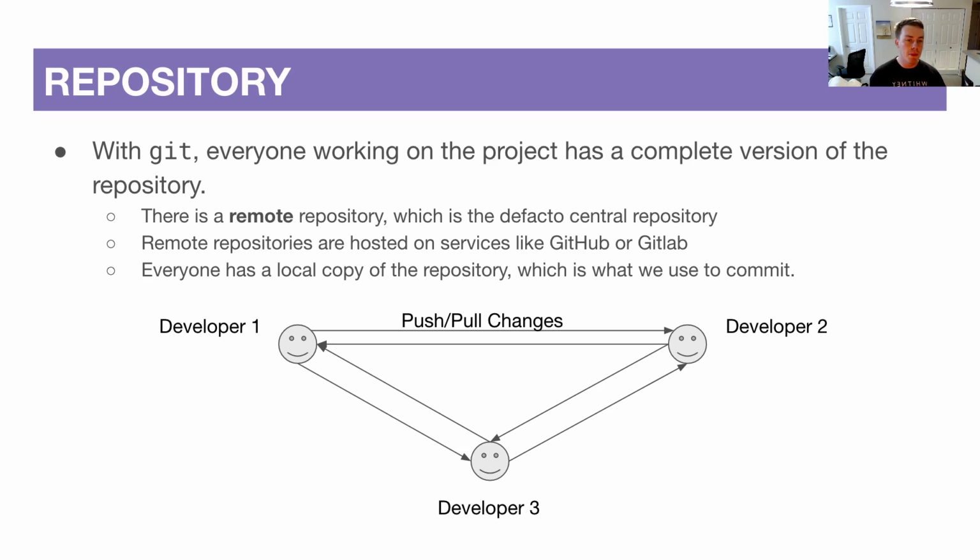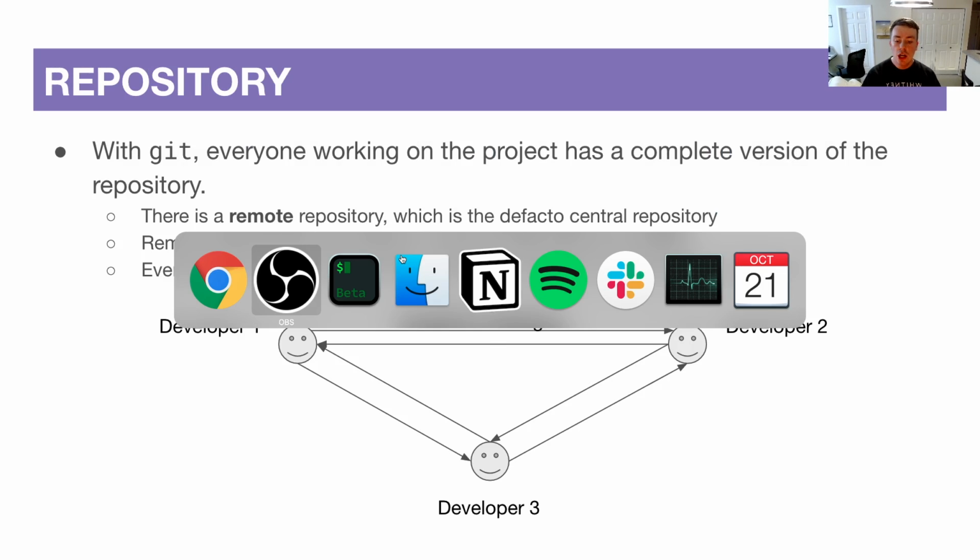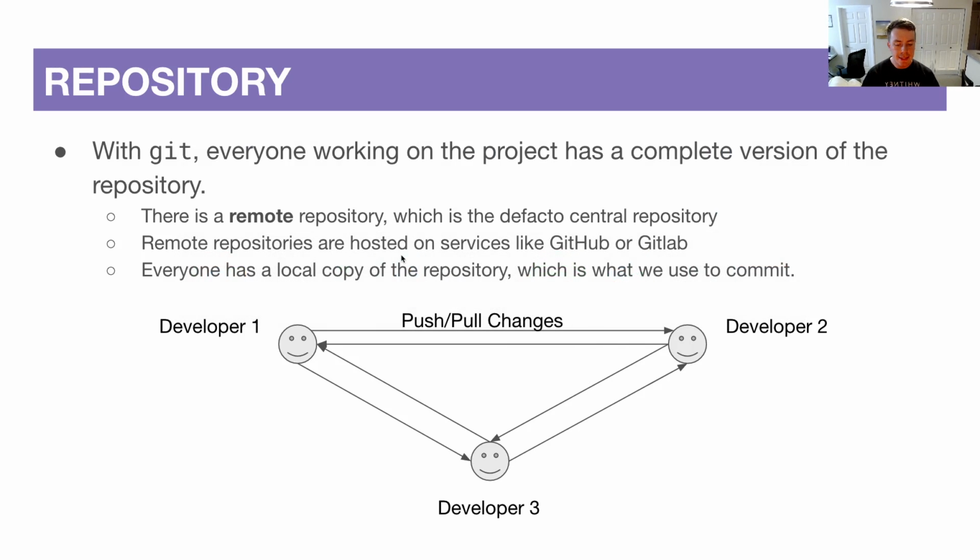And usually the way people treat these is that the remote, the thing that you store on GitHub or GitLab, is like the source of truth. That's where everyone's working from, or they're checking their changes against. And so we'll normally think about this, even though it's this very decentralized model, as being centralized at this remote location.